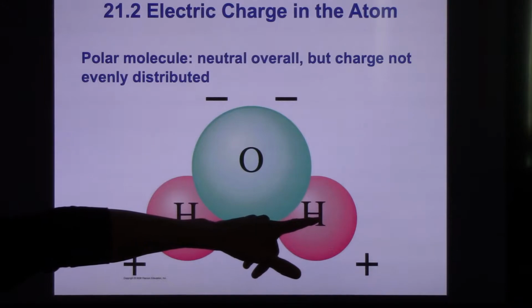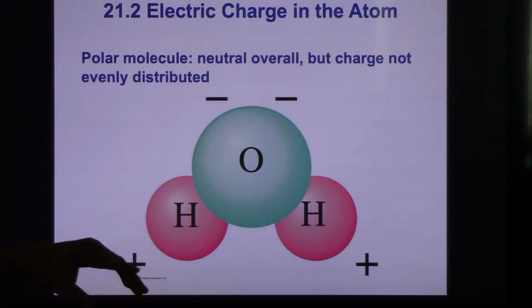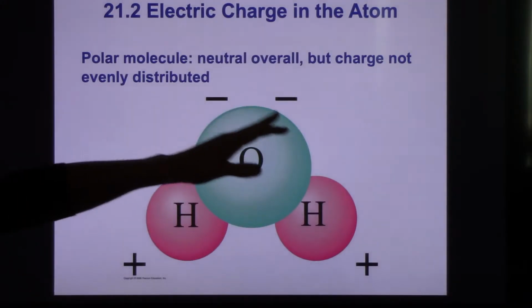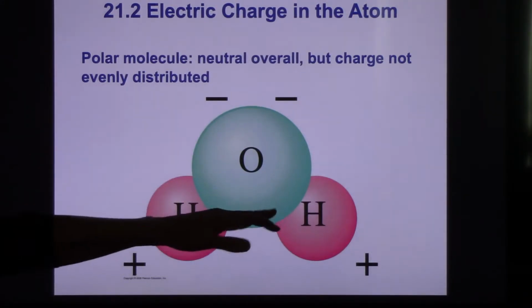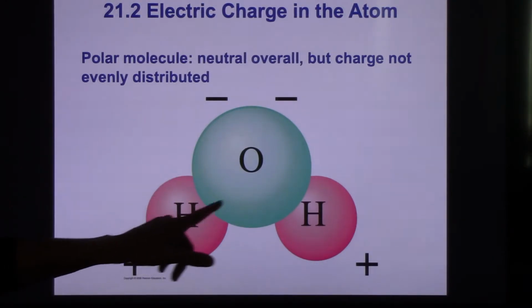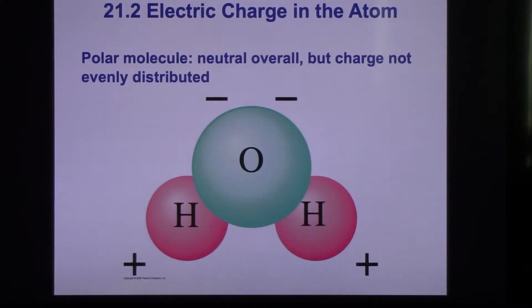I have a hydrogen nucleus, which is a positive point charge, and another hydrogen nucleus, positive point charge. And then we have electrons that are spread out. So when I look at this green sphere and these red spheres, that's referring to the electron distribution. When we say the atoms are this shape, it's really the electrons that are determining that shape. The nuclei are these little tiny points embedded within these electron distributions.